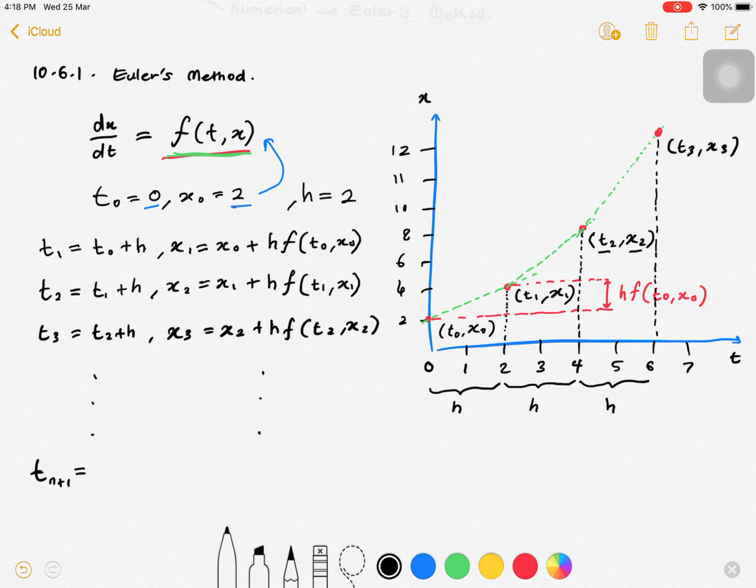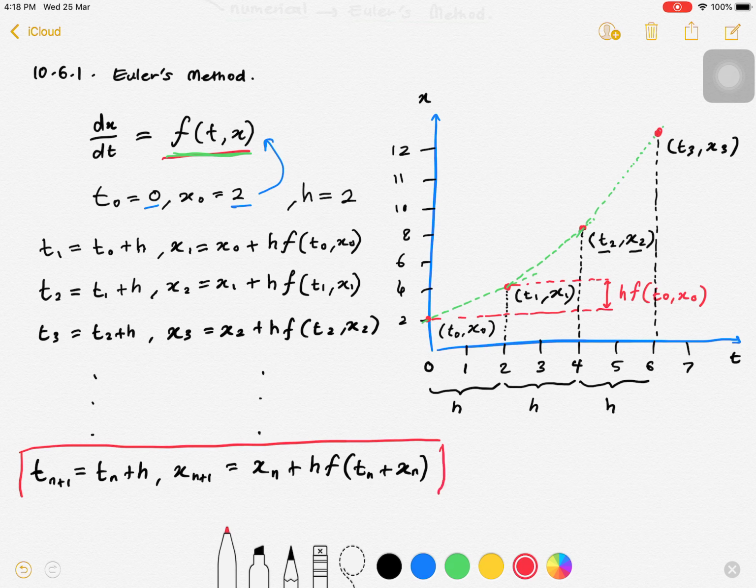So we can get the general equation: t(n+1) is equal to t n plus h, and x(n+1) is equal to x n plus h f of t n, x n. Okay, now we know the general function.